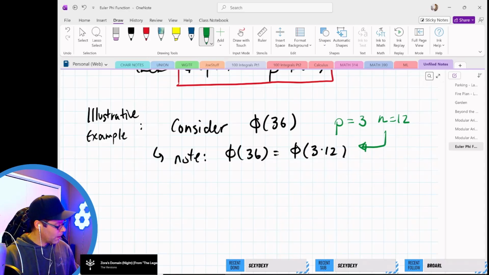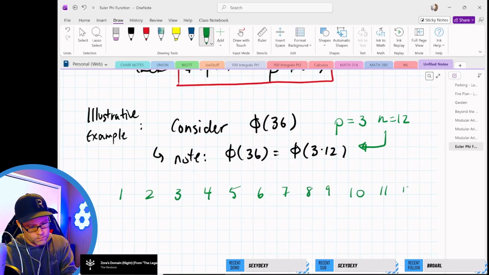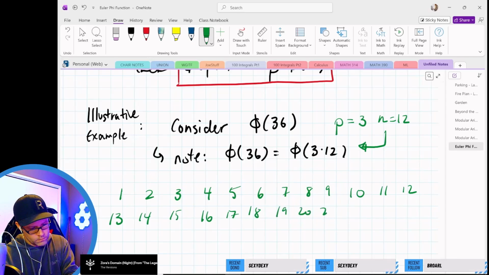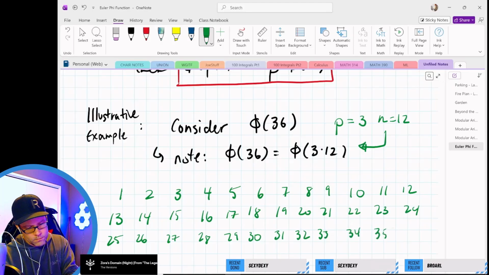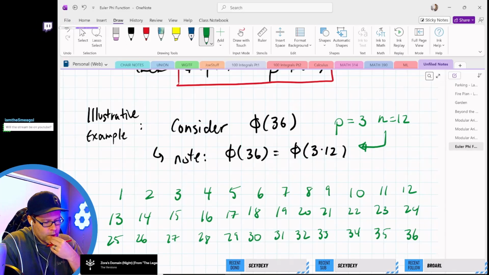Okay, so I think I see what I want to do here. So here's our list from 1 to 36.